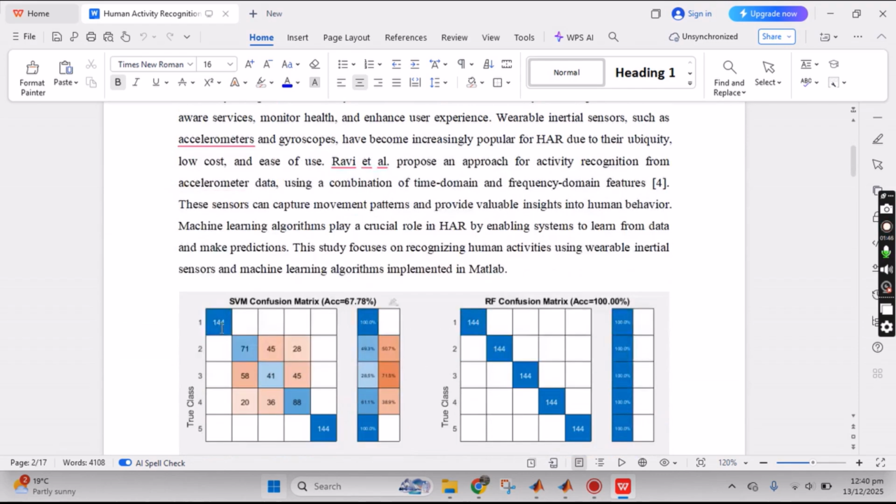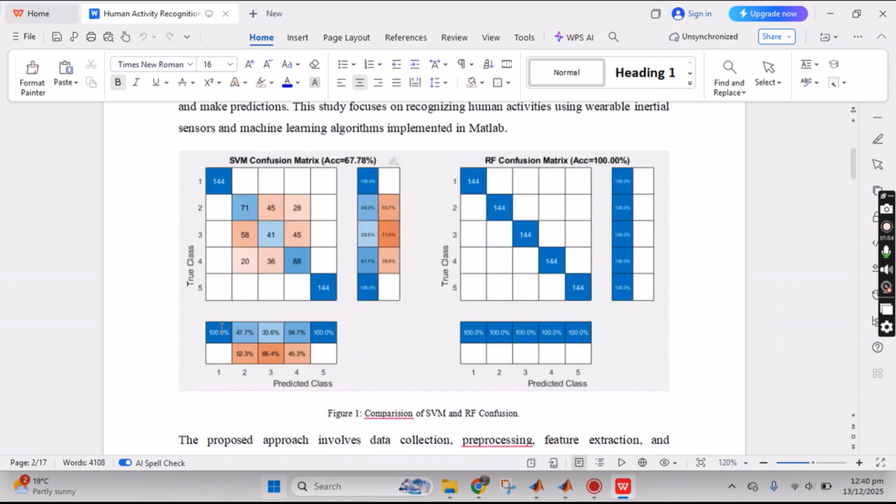So here is the introduction, which provides us the complete machine learning algorithm in HAR. And this one is a comparison of SVM and the RF confusion matrix as well. This one is the RF confusion matrix, and this one is the SVM confusion matrix.